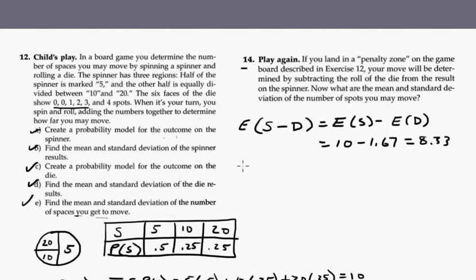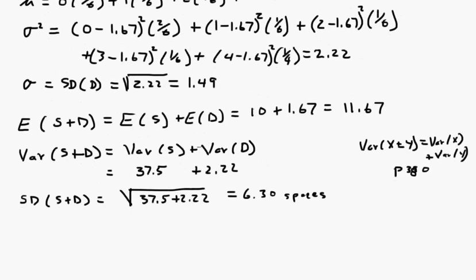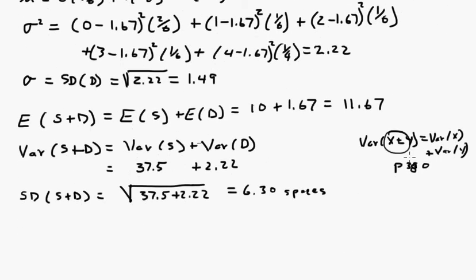Then the variance of S minus D is just equal to the variance of S plus the variance of D. But we've already done that. That's the same thing because the formula is the same. If you're subtracting, you're going to add variances.